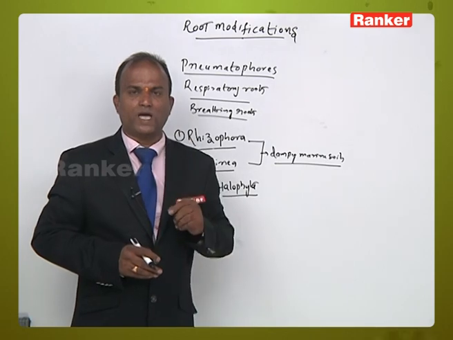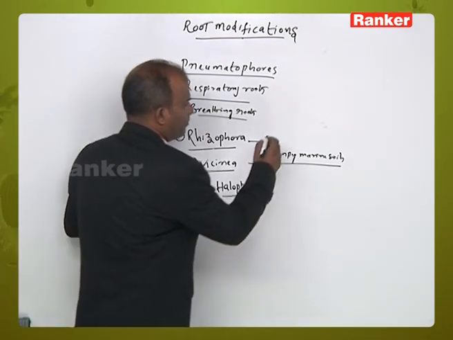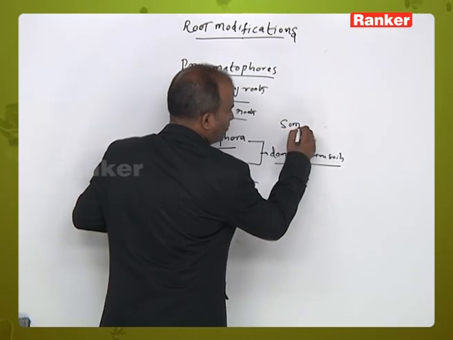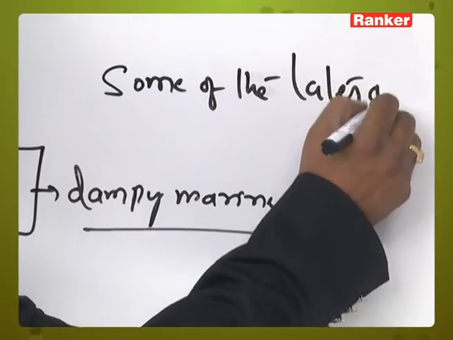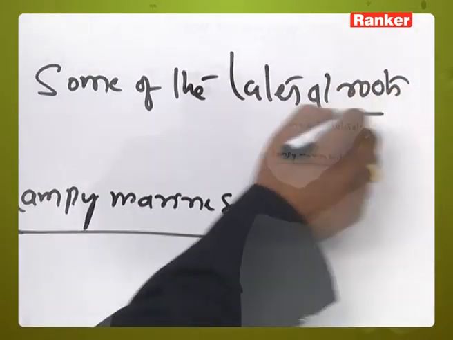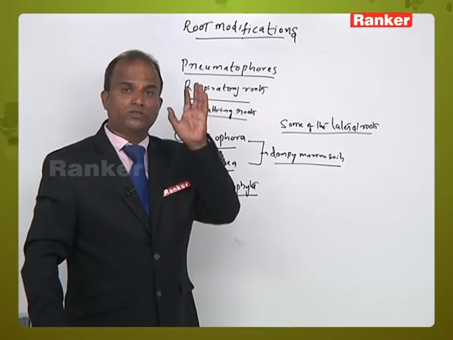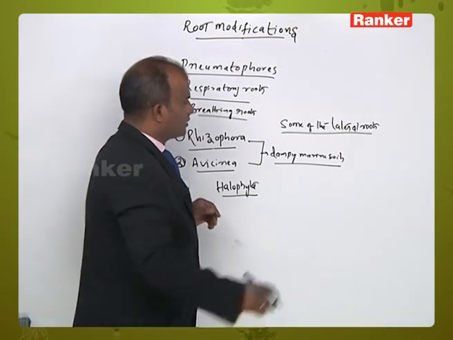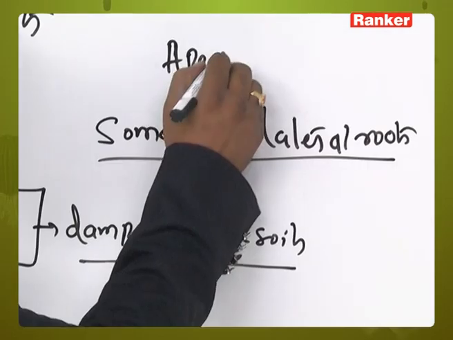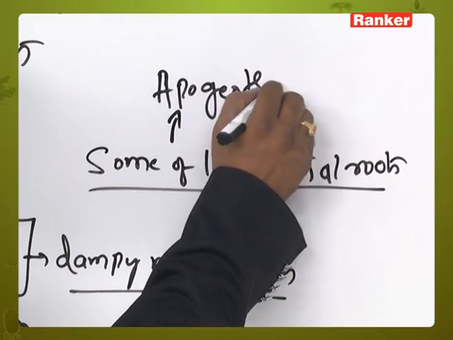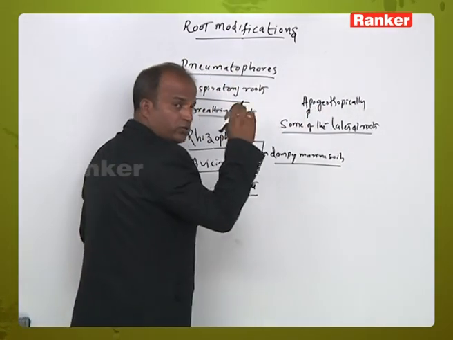So what happens is, some of the lateral roots grow apogeotropically. Are they growing towards sunlight?